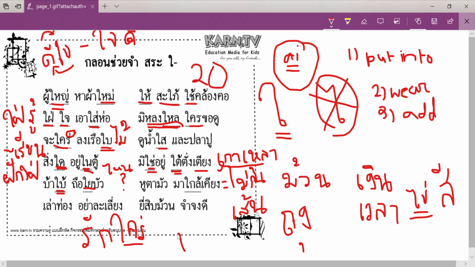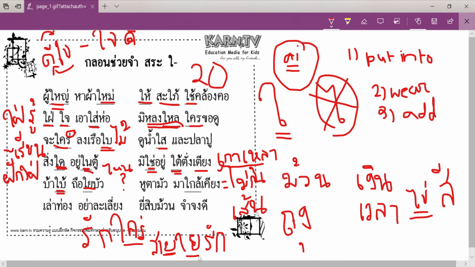I'll just write it here for you. ใย, ใยรัก, สายใยรัก, or you can say สายใย as well.